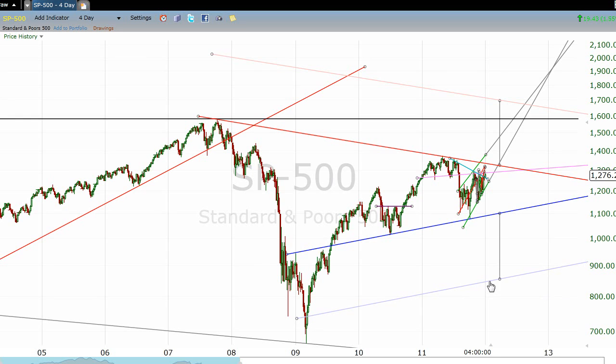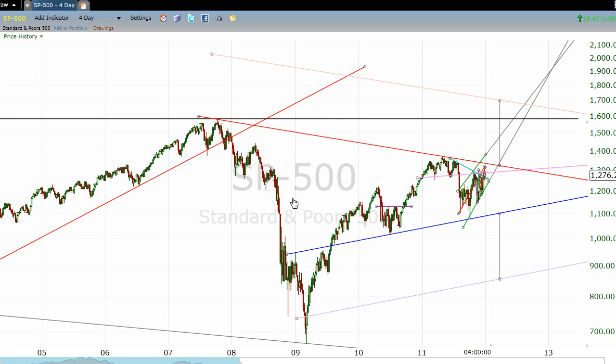But conversely, if we get over this red line, then I think that probably will signal that the market wants to go up and at least retest that mid 1500 to high 1500 range that we came off of this bottom.